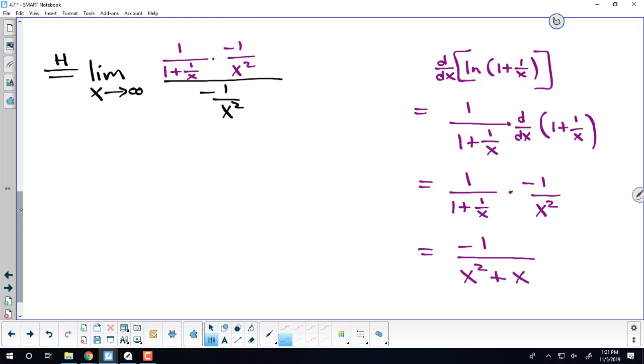Say it again, what would you write? Negative 1 over x, parentheses, 1 plus 1 over x. After you've simplified all of this, or just the derivative here? Oh, okay, never mind. I misunderstood what you were saying before. You're good.